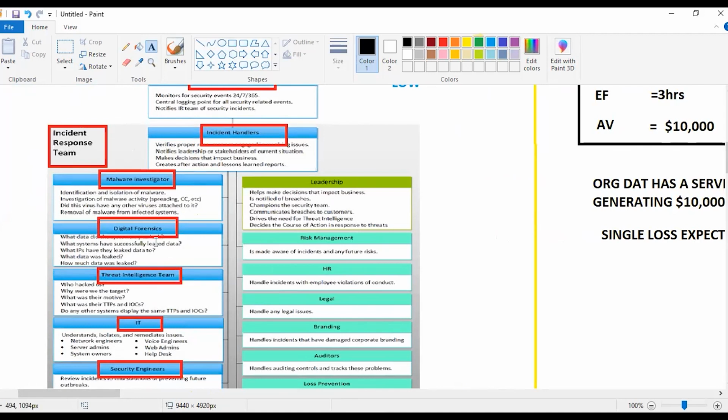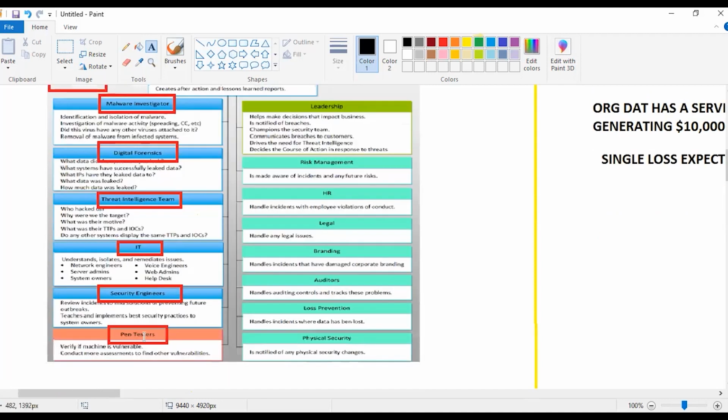Forensics comes after the attack. After you are robbed, after you are bankrupt, then you hire some experts and the FBI, and you calculate how much loss you have faced. There are also malware investigators, IT teams, security engineers, and pen testers.